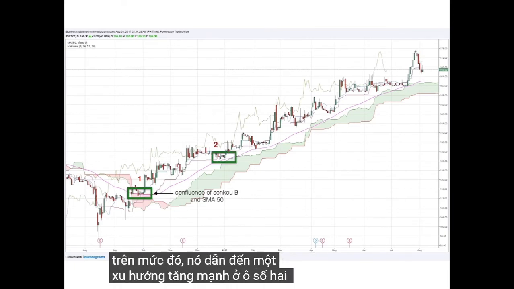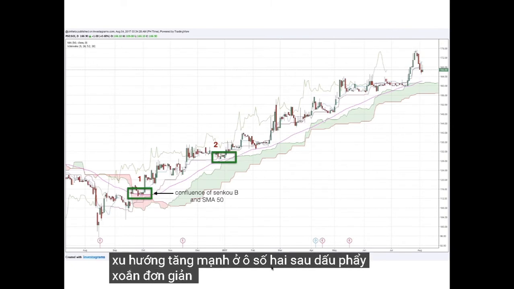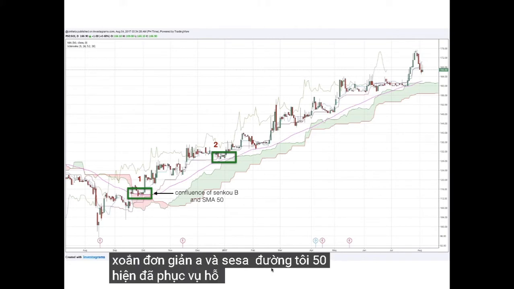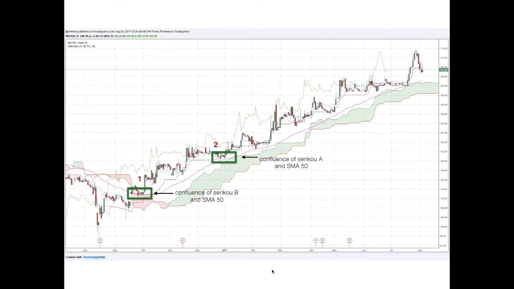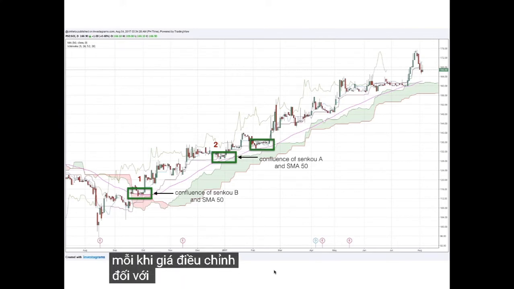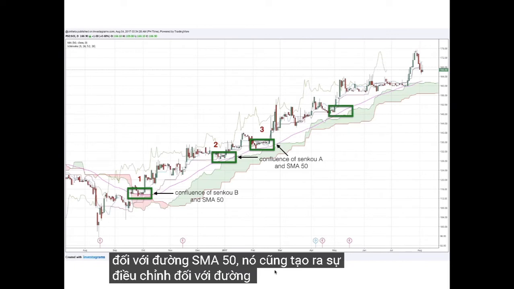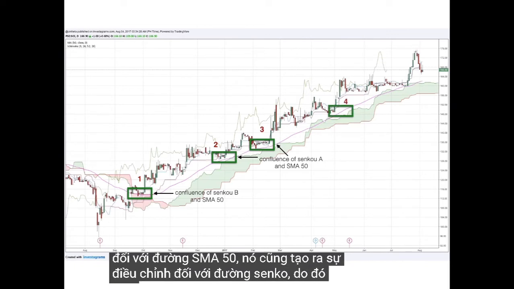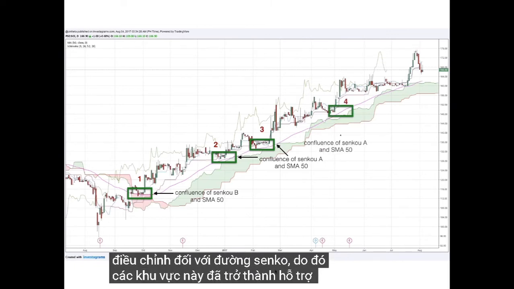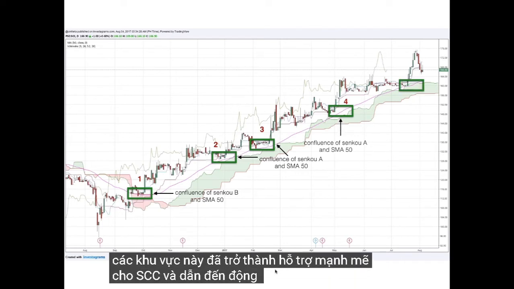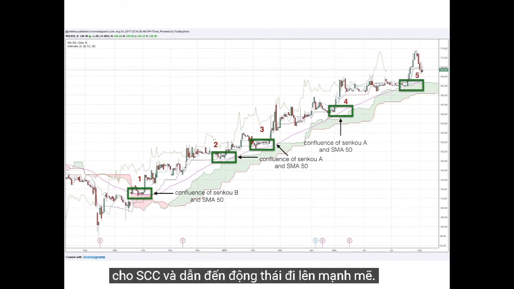In box number 2, after a Kumo twist, the Senkou A and the SMA 50 line now served as strong support. Every time price makes a correction towards the SMA 50 line, it also makes a correction towards the Senkou A line. So these areas have become strong support for SCC and resulted in strong upward moves.